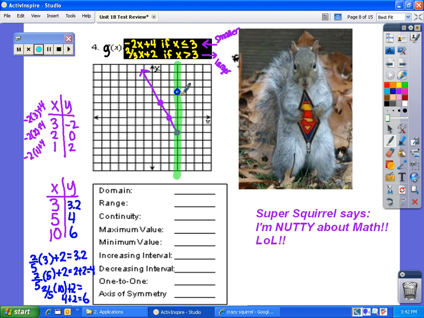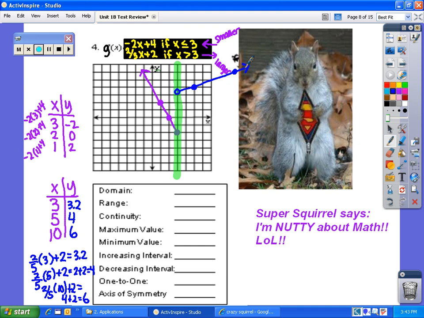Now I'm going to go to 5, 4. And then 10, 6. So that's going to be all the way over here. Not a lot of room. And I'm probably going to run into Super Squirrel. Sorry, Super Squirrel.